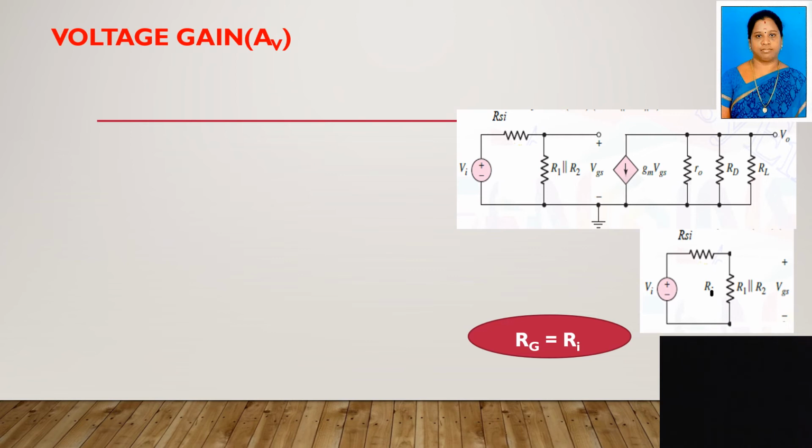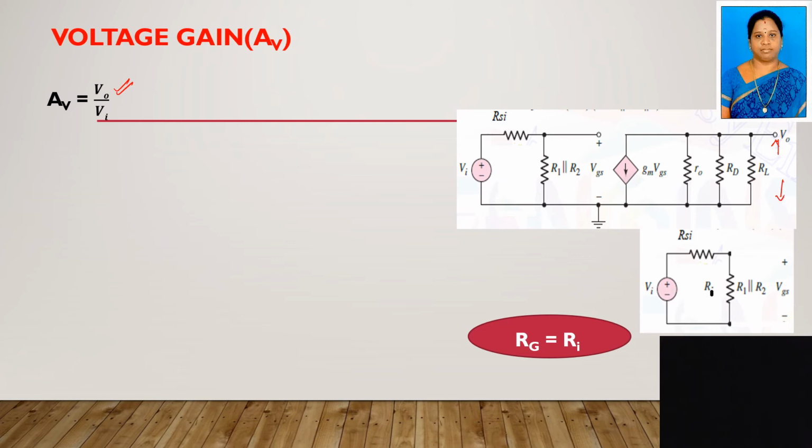To find out the voltage gain, we have to use the formula that voltage gain is the ratio between output voltage and input voltage. Okay. So first of all, we have to find out what V0 is, right? For that, see here, V0 is the voltage across here, right?